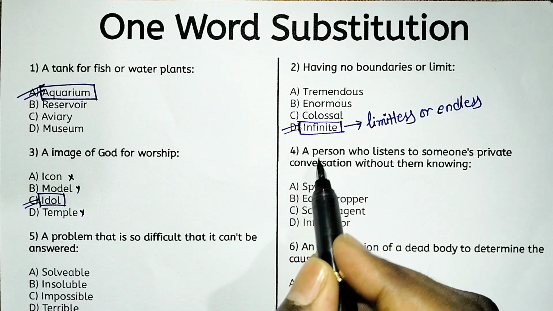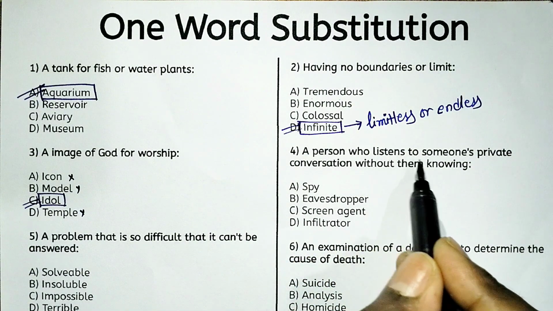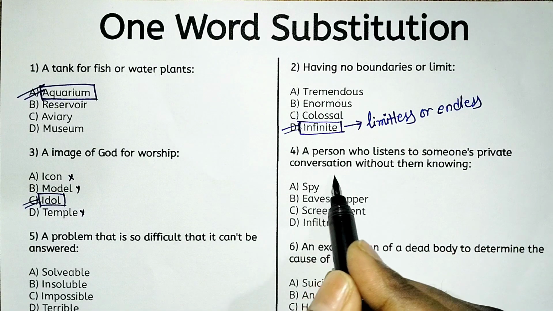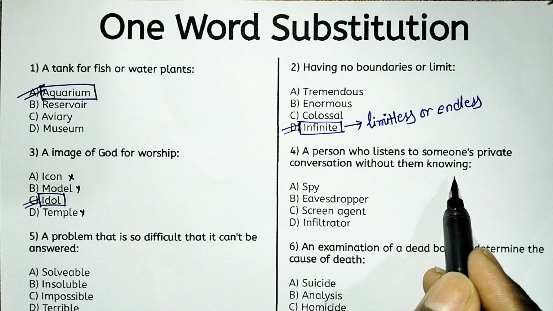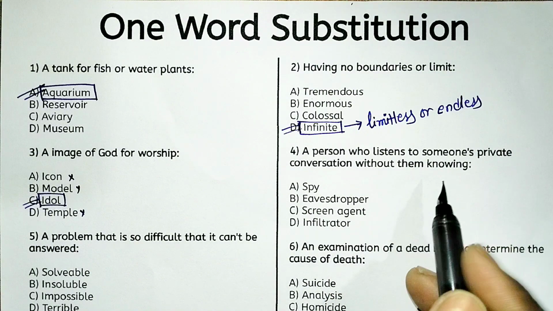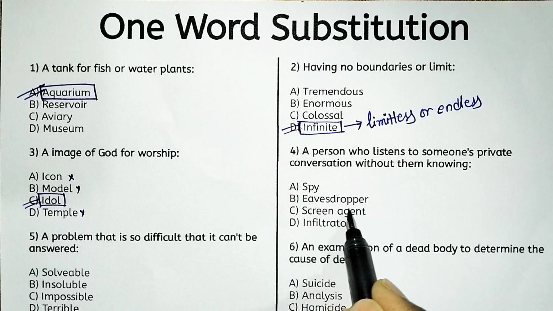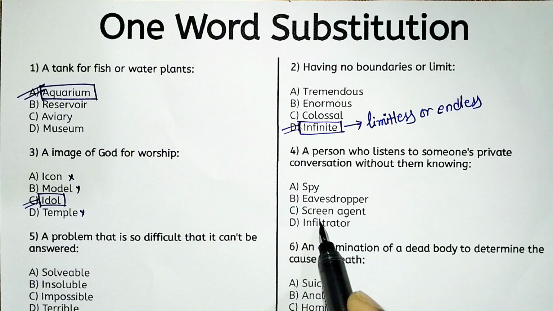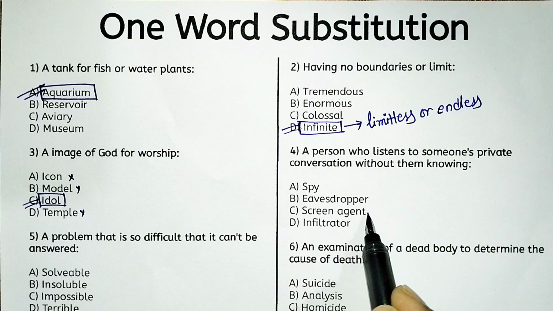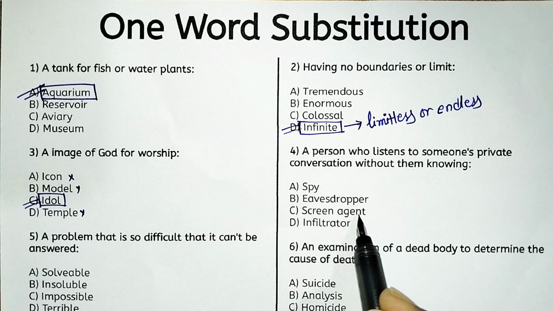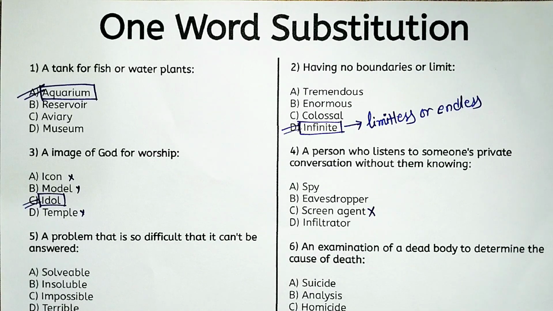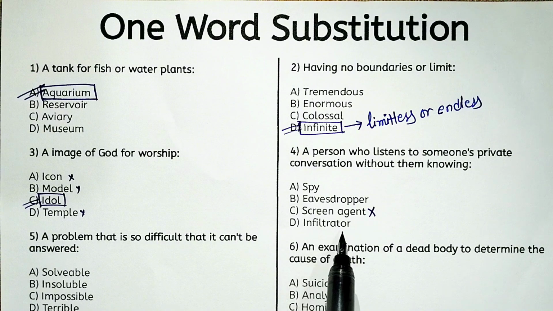Next, a person who listens to someone's private conversation without them knowing. So what is the right one word substitution? Option A, spy, option B, eavesdropper, option C, sorry for the typing mistake, it is not screen agent, option D, infiltrator.